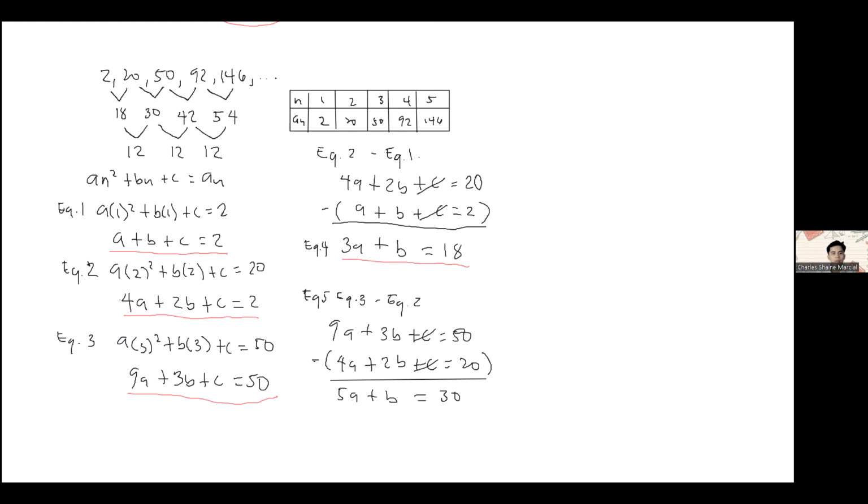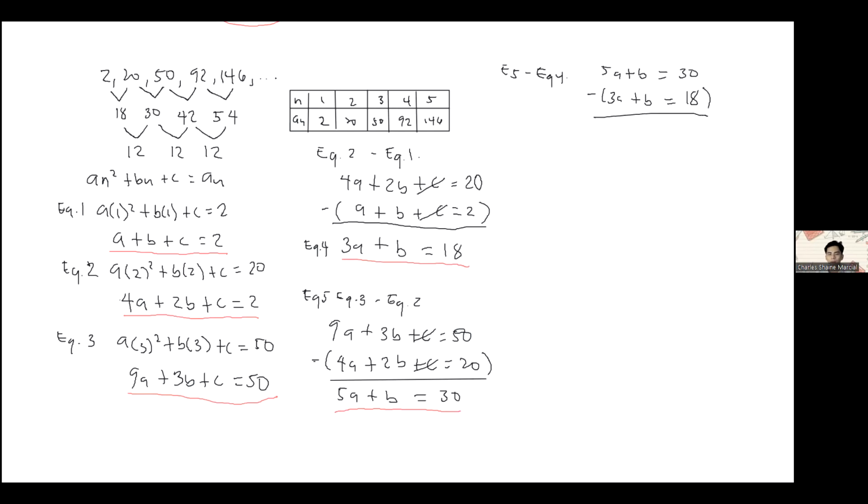Now, ang gagawin naman natin ngayon is kukunin na natin yung value ng a. So, gamitin natin yung formula na equation 5 minus equation 4. So, we have equation 5 minus equation 4. And that is 5a plus b is equal to 30 minus the quantity of 3a plus b is equal to 18.